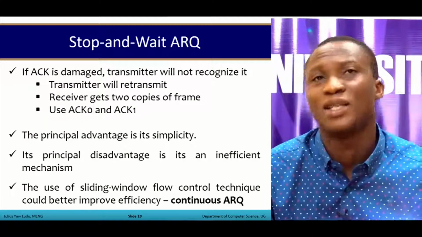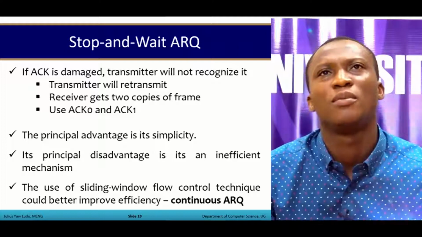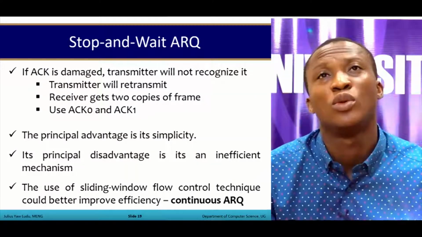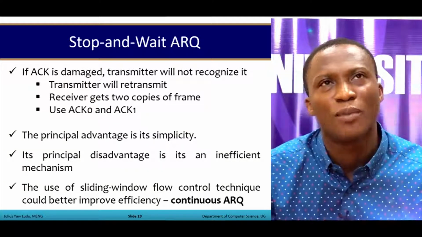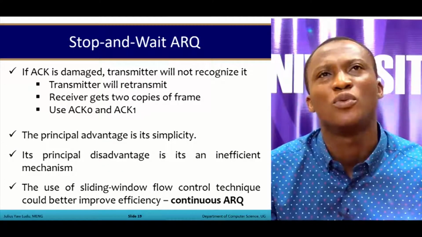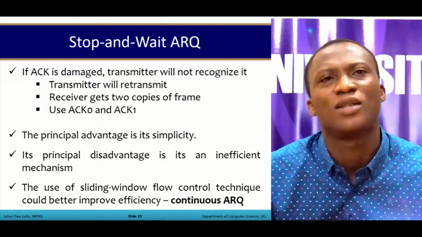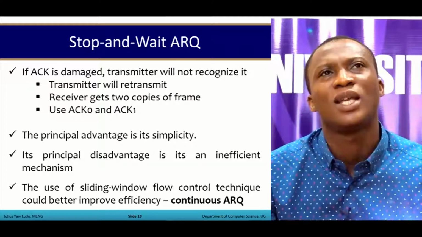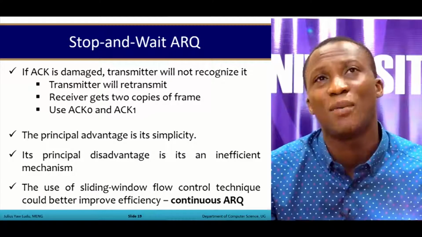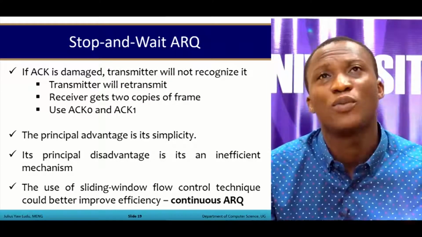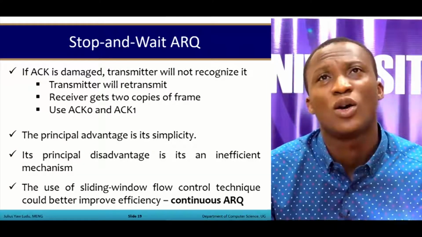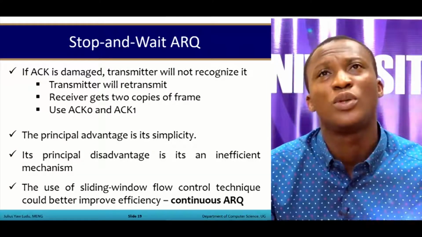Now, if the ACK is damaged, then the transmitter will not recognize it. Why? Because the transmitter will now have to retransmit the frame. Then the receiver gets the frame again, and since the acknowledgement frame was damaged, the receiver will not recognize that frame.